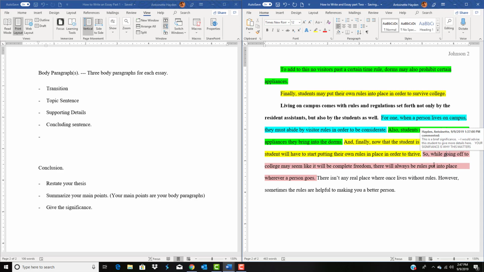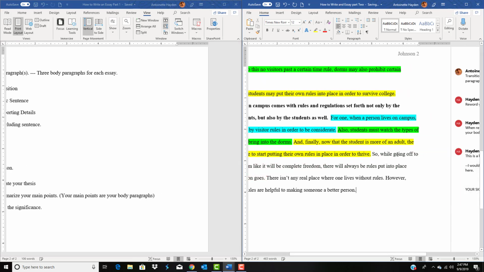That's a good start, but you want to continue. Why does that matter? There isn't any real place where one lives without rules. However, sometimes rules are helpful to making you a better person. And so this entire section here is the significance.